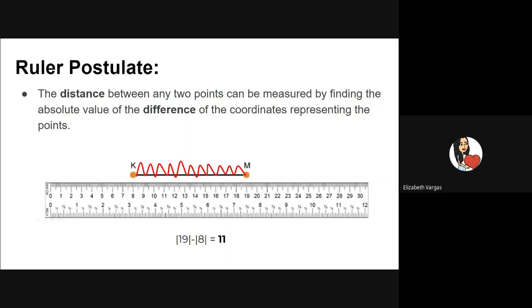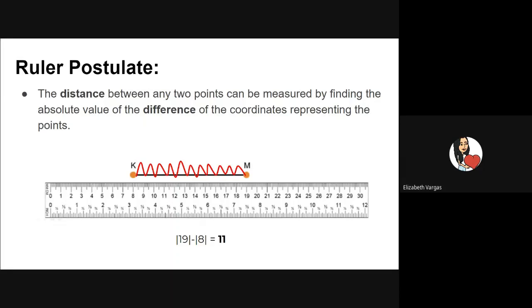For example, we could do 19 minus 8 and find the distance, or we can count it: 1, 2, 3, 4, 5, 6, 7, 8, 9, 10, 11. Either way, that distance always has to be positive. That's basically what the ruler postulate states.